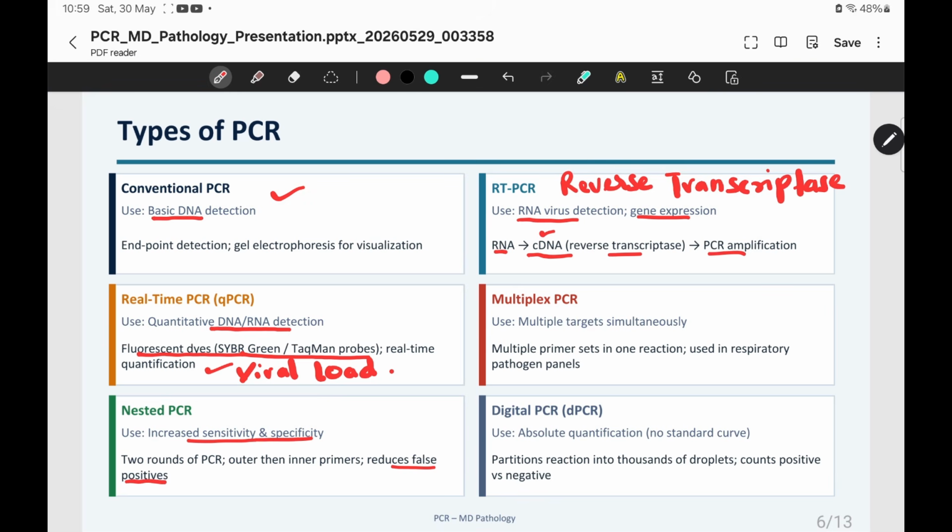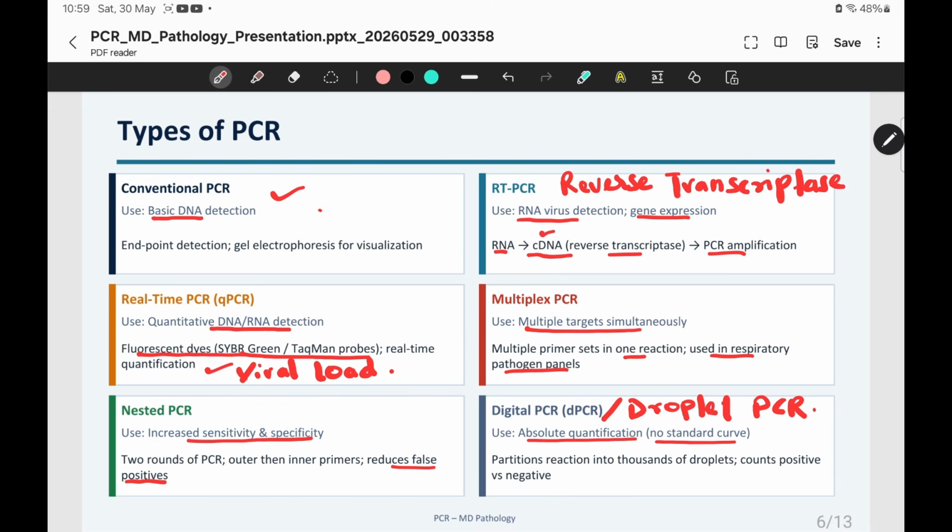Next is multiplex PCR. Multiple DNA sequences are targeted simultaneously under this process. Multiple primer sets are used in one reaction, and it is used in respiratory pathogen panel detection. Next is the digital PCR, also called droplet PCR. In this PCR, absolute quantification of the target sequence is done, and it also doesn't need a standard curve like that of the conventional PCR.